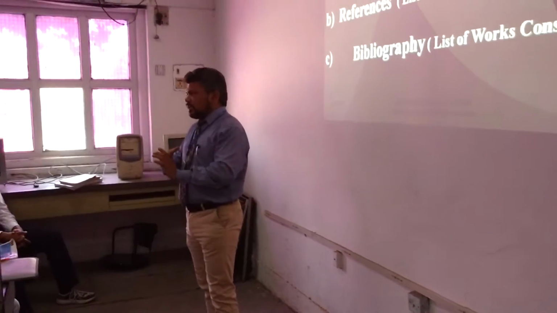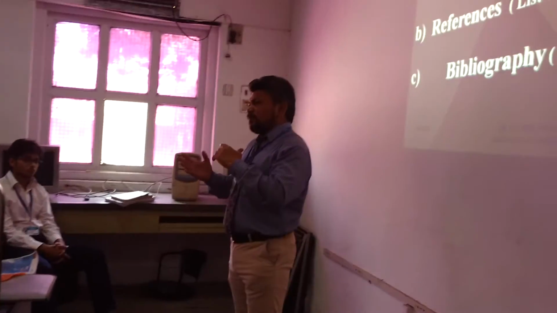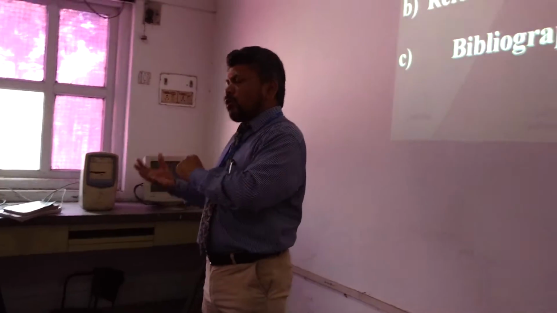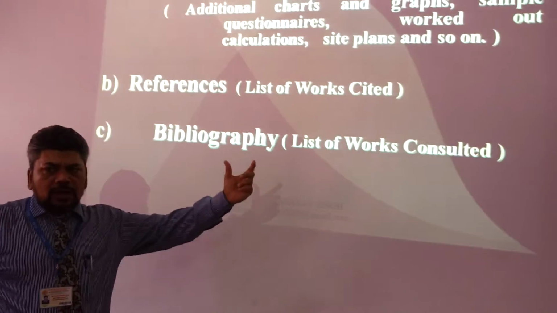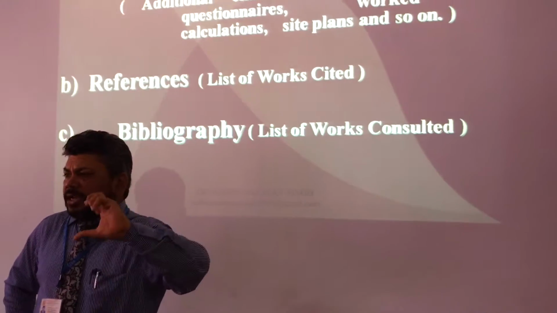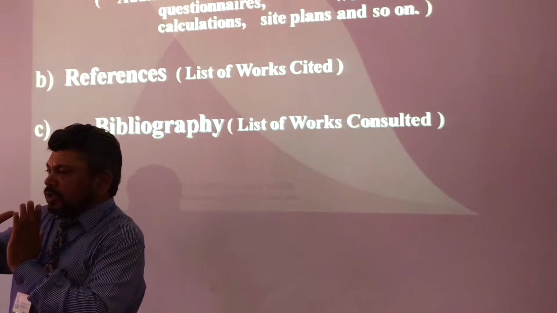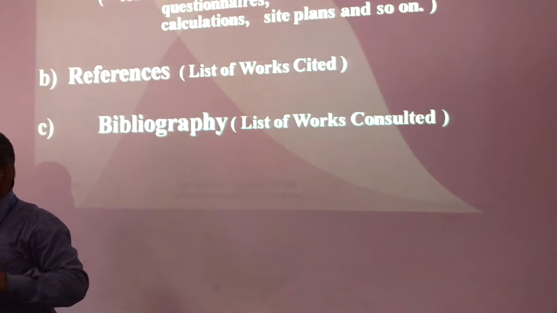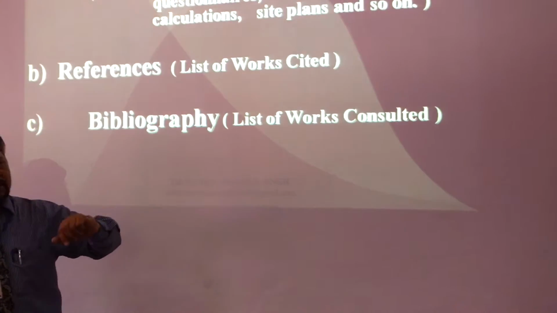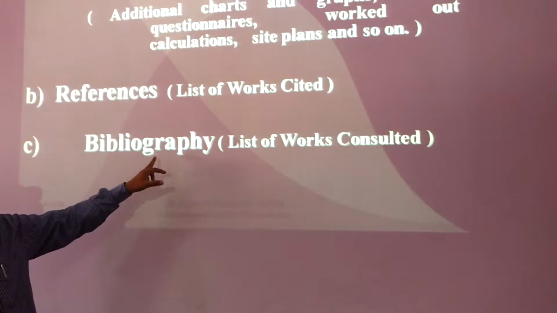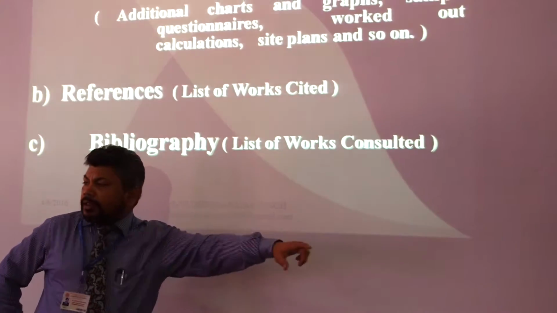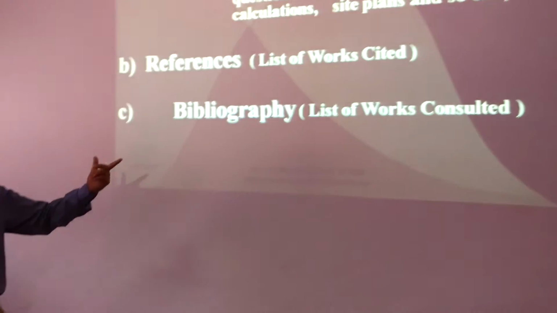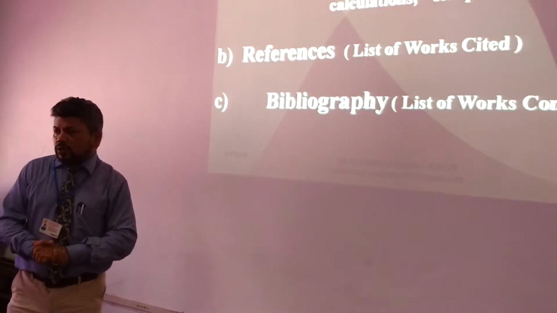Sometimes he borrowed, sometimes he didn't borrow, and ultimately that becomes the list that should also be provided in order to make the report transparent and genuine. In order to maintain that genuineness, the reporter should produce the list of works consulted, and that will constitute the bibliography.